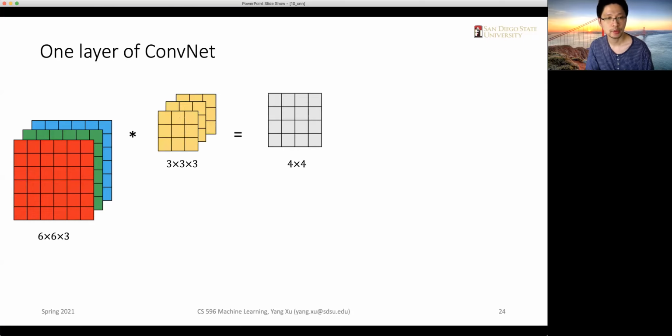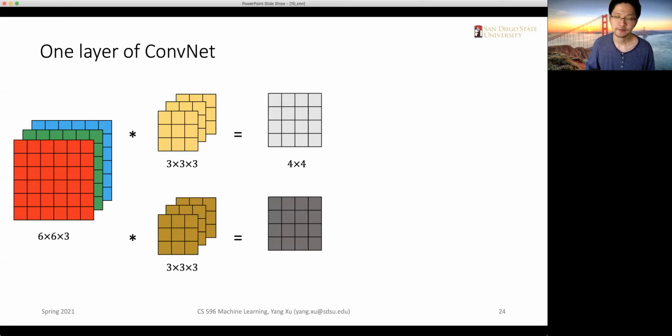It's typically a set of convolutional filters applied to an input. Now we have two filters used, so there's one slice of outputs for each filter, right?